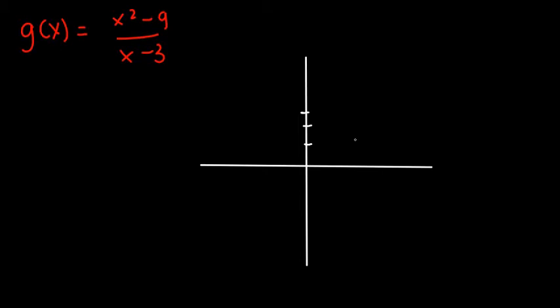We'll graph this really quickly. Okay, so this is our graph. Let's try to get to 1, 2, 3. So that's x equal to 3. But at that point, we actually have a discontinuity. So instead of a full dot, it would be an open dot.